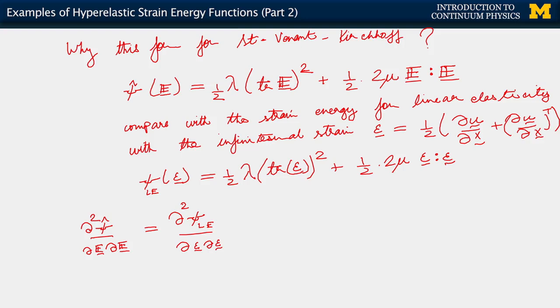Okay, they're the same elasticity tangent. So in a sense, it is just the convenience of going to this model from linear elasticity that explains this particular construction for it.